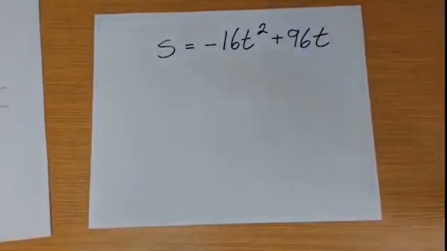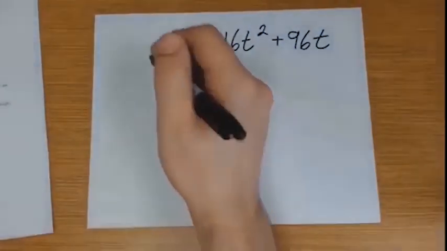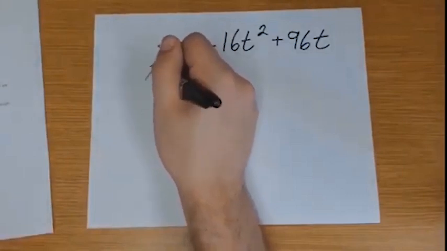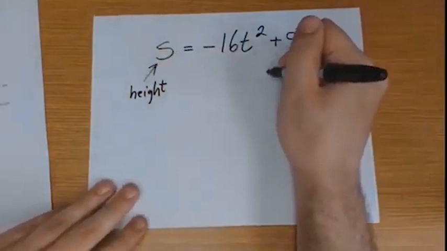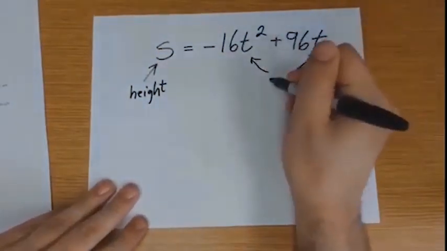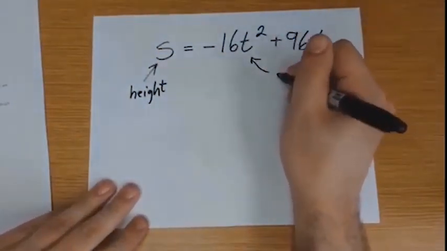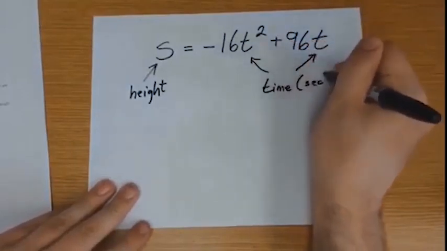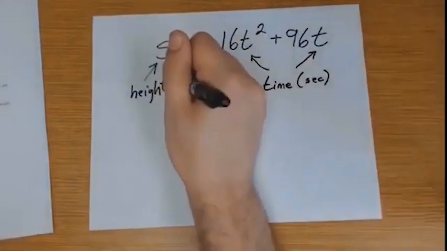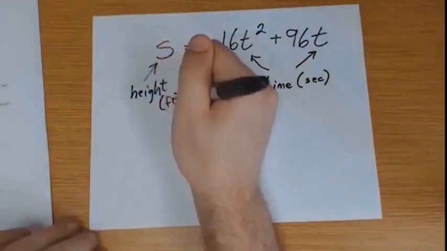If you take a physics class, you're going to learn how to make these equations. This is not a physics class, so they will always give you this equation. So again, S is our height. T is our time in seconds. Height was in feet.